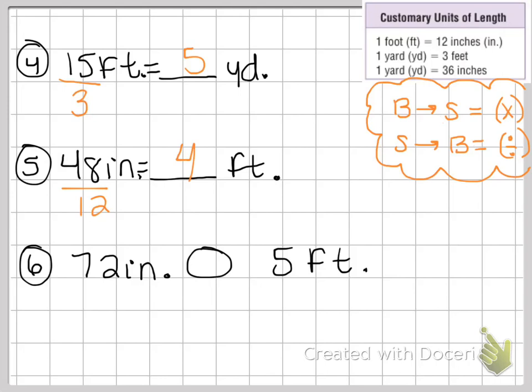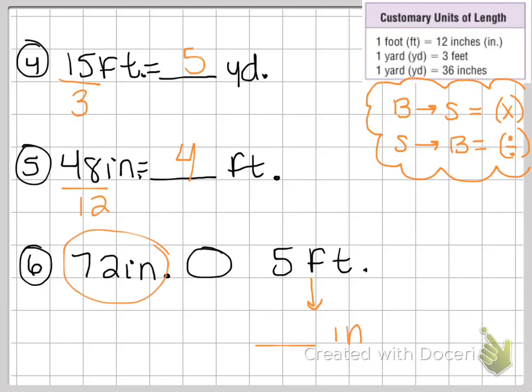Now, whenever you have these comparison problems or inequality problems, you can choose which one you want to convert to the other one. Personally, I like to multiply more than divide, so I'm going to change the bigger unit, which is feet in this case, to inches. Then I'll compare 72 inches to my product over here.